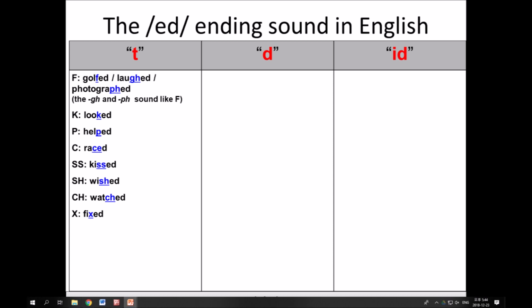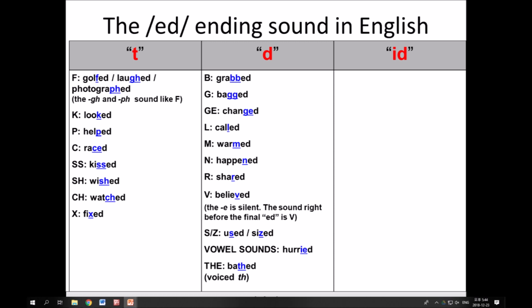All right, so let's take a look at the next pronunciation, which is the D sound, the D sound at the end of regular past tense form.